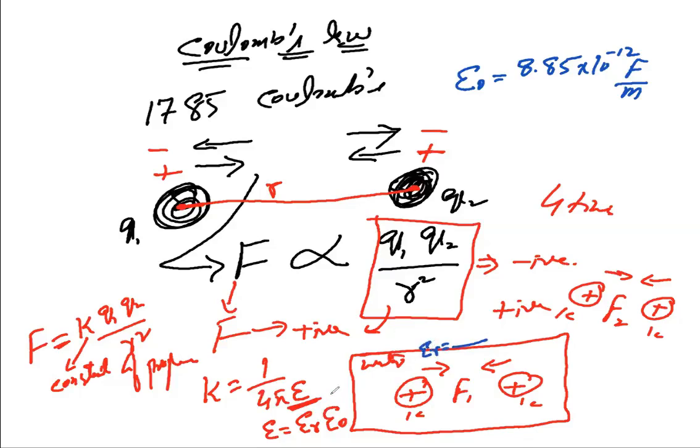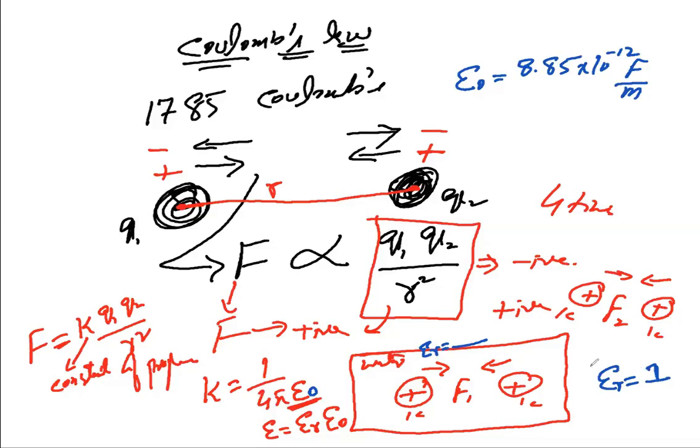But if the question says find the force between two charges located in vacuum, then in vacuum you will use 1 by 4 pi epsilon naught, because the relative permittivity of vacuum is 1, and the relative permittivity of other media will be greater than 1.